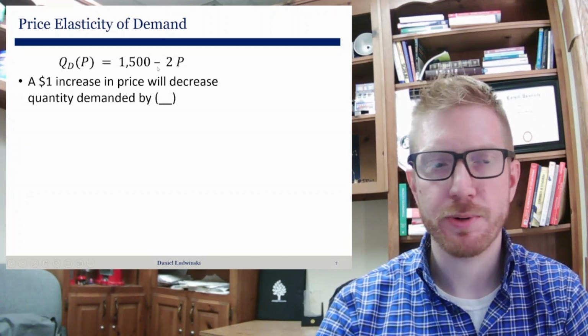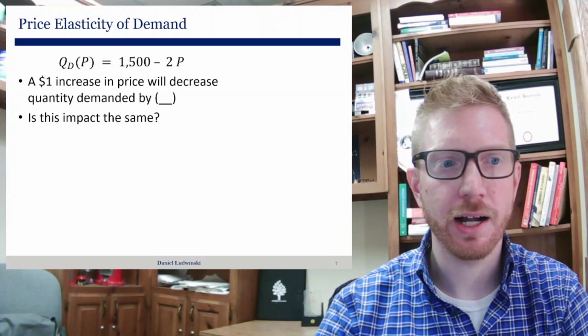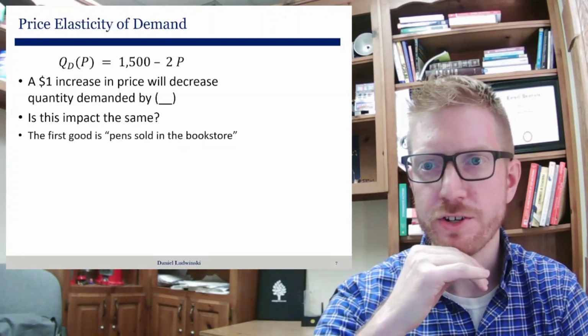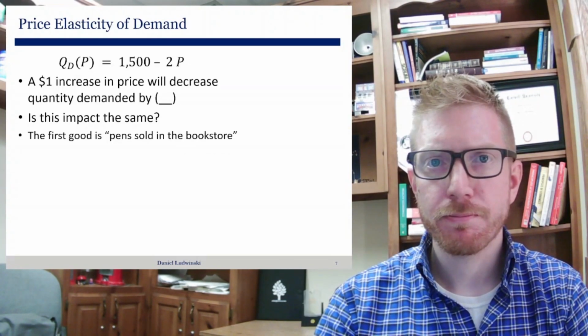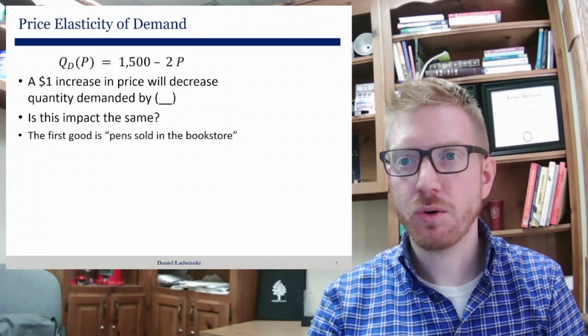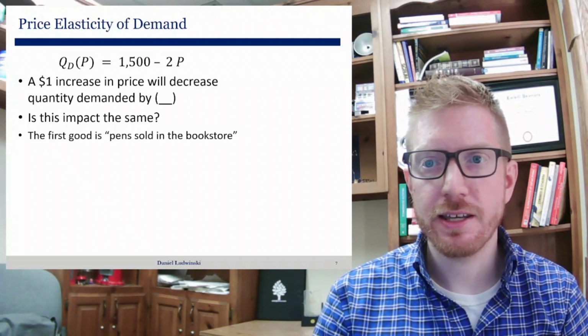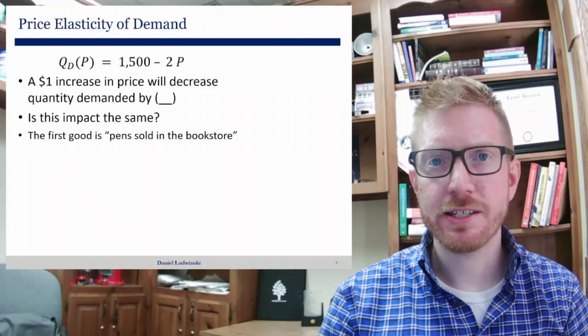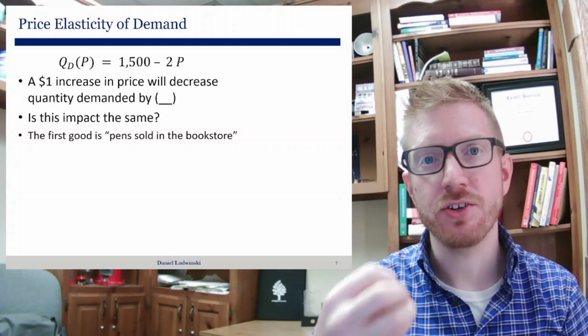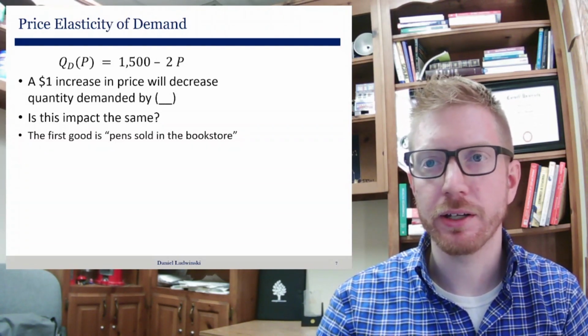And so in this particular instance, it's going to decrease quantity demanded by 2. So in terms of units, in terms of the change in quantity demanded, it's the same. But is this impact the same? And to be able to understand and know that, we actually need more information about our market.